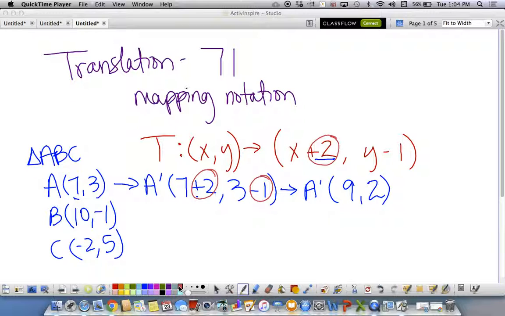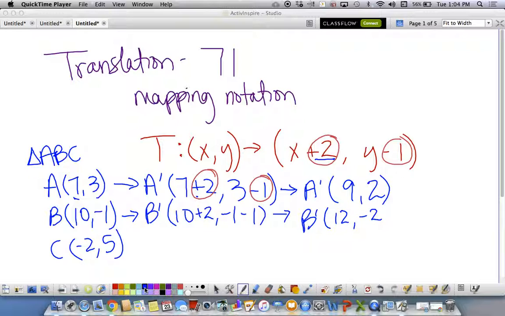So where do we go with B? We're mapping B prime to 10 plus 2, negative 1 minus 1. So B prime will be 12, negative 2. C prime will be negative 2 plus 2, 5 minus 1.